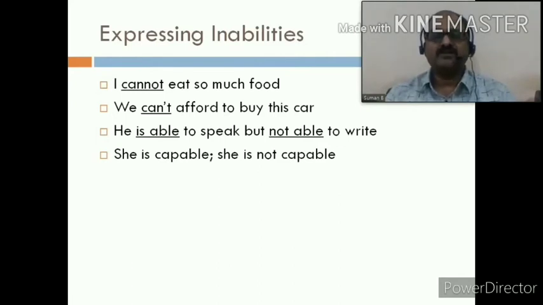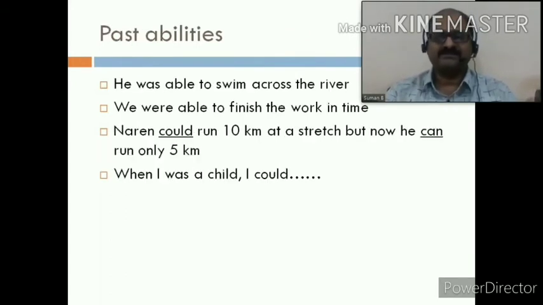This means he is not able to write. Here also contracted forms can be used: we aren't able to, etc. Next, she is capable, she is not capable. Short form, she isn't capable. So just adding not will do for expressing inabilities.